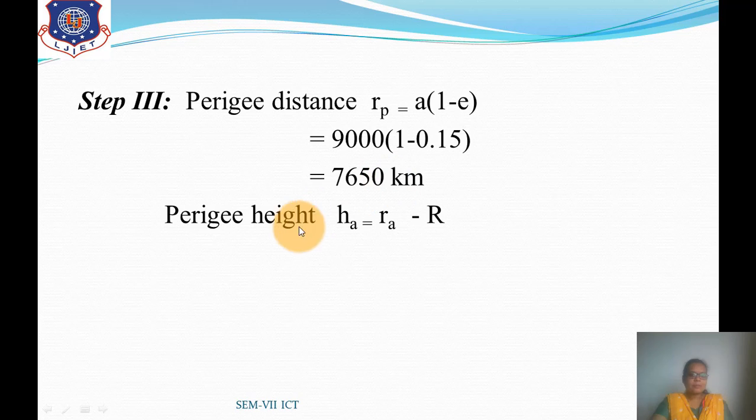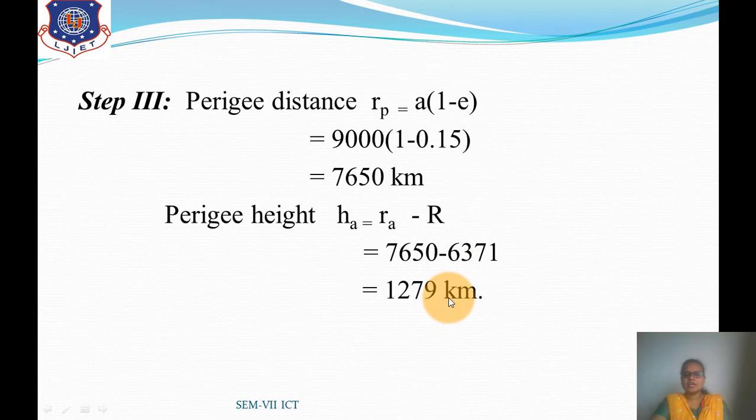Now the perigee height Hp is equal to Rp minus R. So 7650 minus 6371 gives the perigee height, 1279 km. This is how we find the perigee height, apogee height, and periodic time with the help of these equations. You need to remember these equations for further calculations related to your Unit 2.